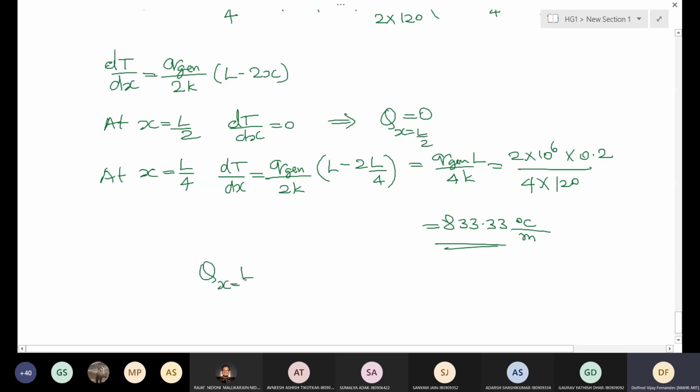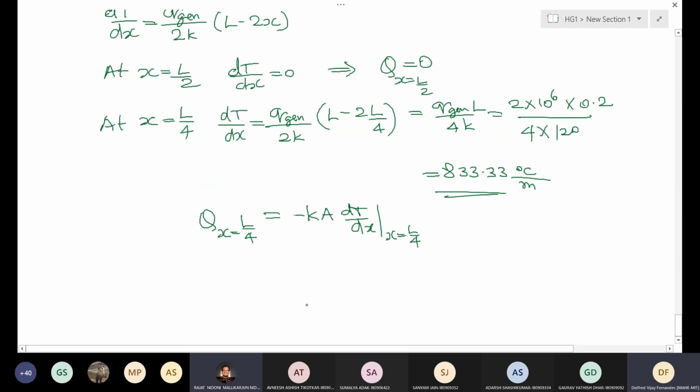Q at x equal to L by 4 is minus K, and area is not given, so assuming area equal to 1, we can write minus K into A into dT by dx at x equal to L by 4, which is minus 120 into 1 into 833.33.